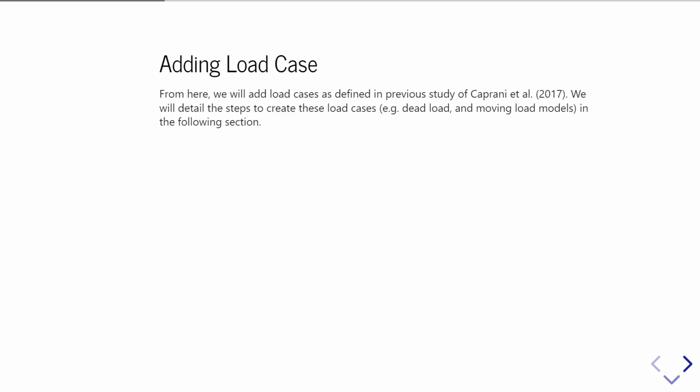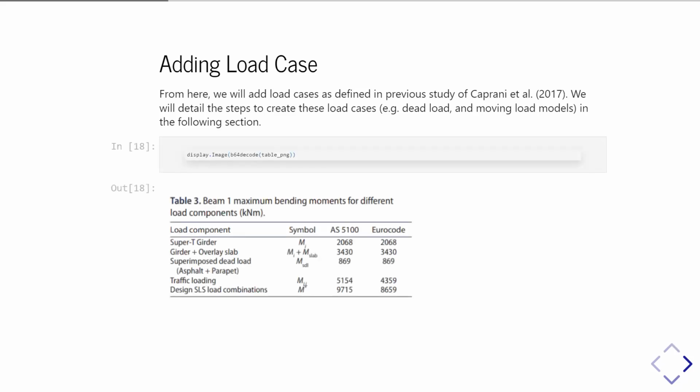From here, I'll detail some steps on how we create load cases. The load cases that we will try to create are these load cases here, which were used in the study of the Grillage model that we have.